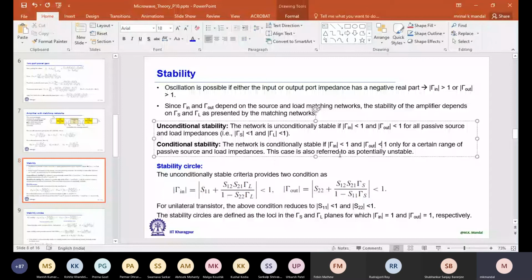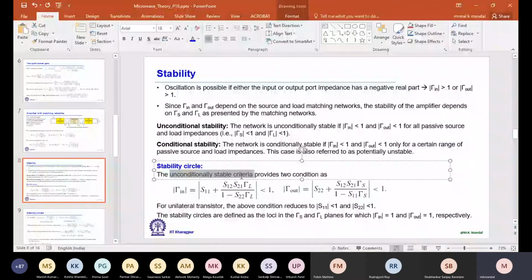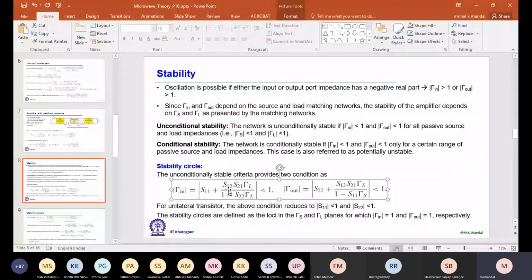So let us refer to the Smith chart and see which part of the Smith chart represents the stable condition for an amplifier. What is the basic condition for stability? Let us first consider the unconditionally stable condition. For all values of gamma S and gamma L, the magnitudes of gamma in and gamma out should be less than 1.